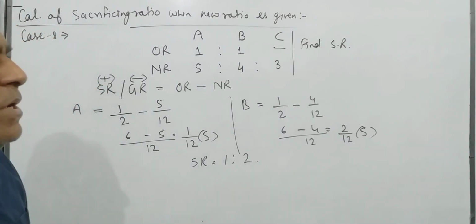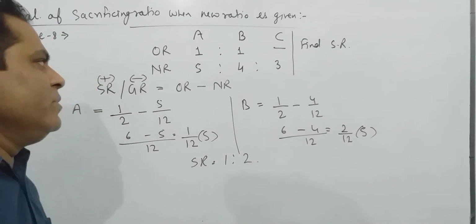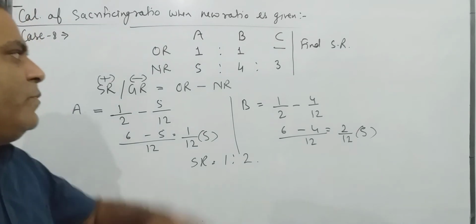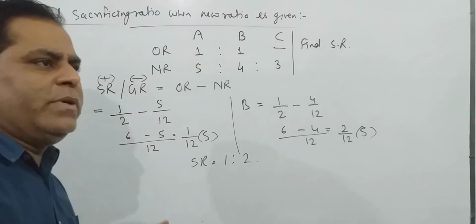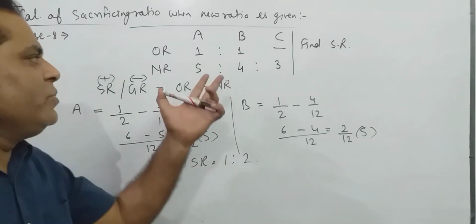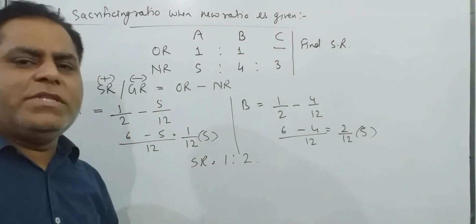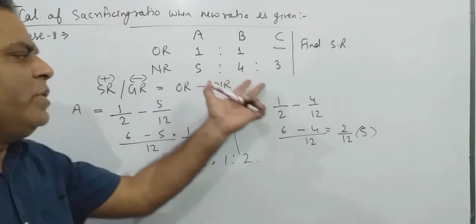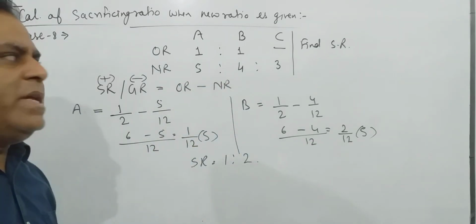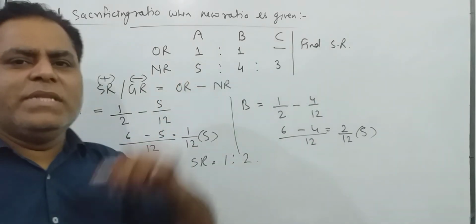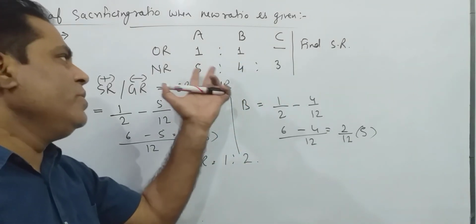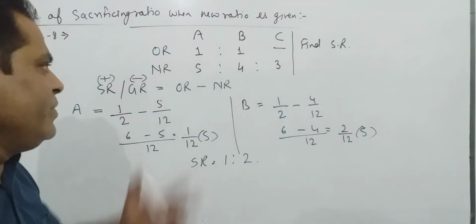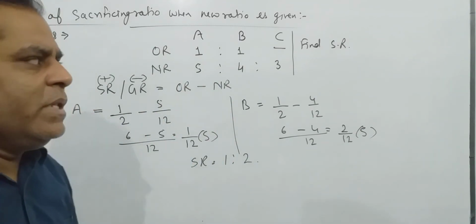Student, you should always keep in mind that you can determine the sacrificing ratio only if you have the new ratio. If the new ratio is not given, as we have done in our case number 1 to 7, then your first step will be to determine the new ratio, and after determining the new ratio, you have to determine the sacrificing ratio. And if the new ratio is already given, then there will be no problem.